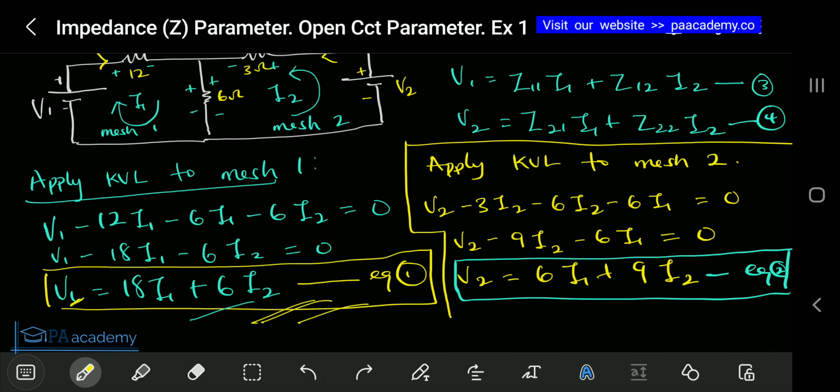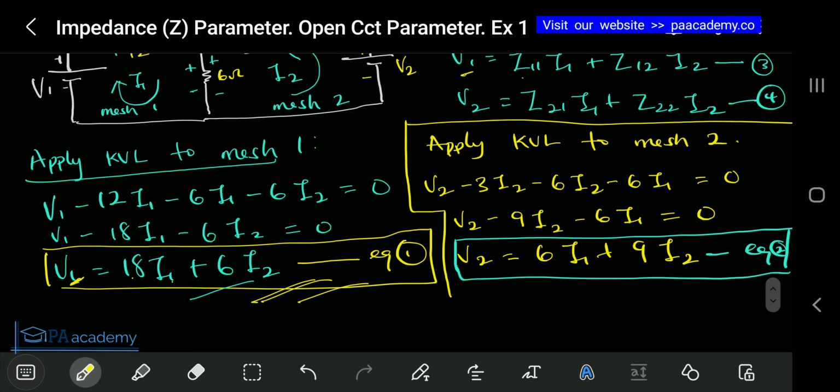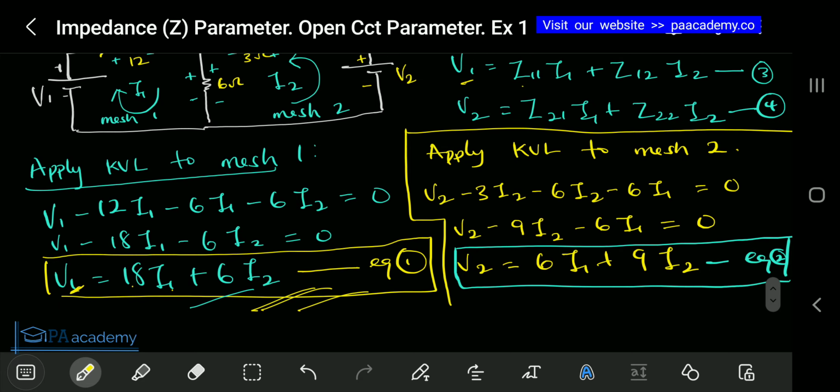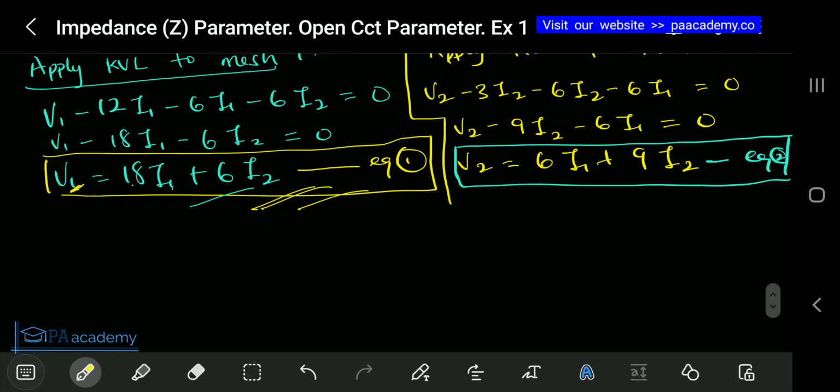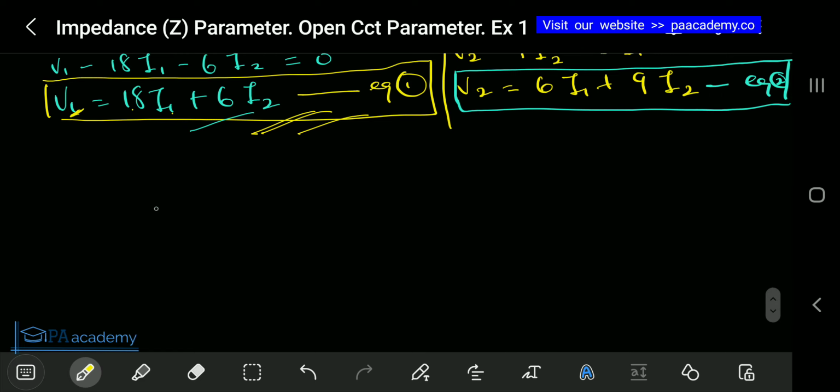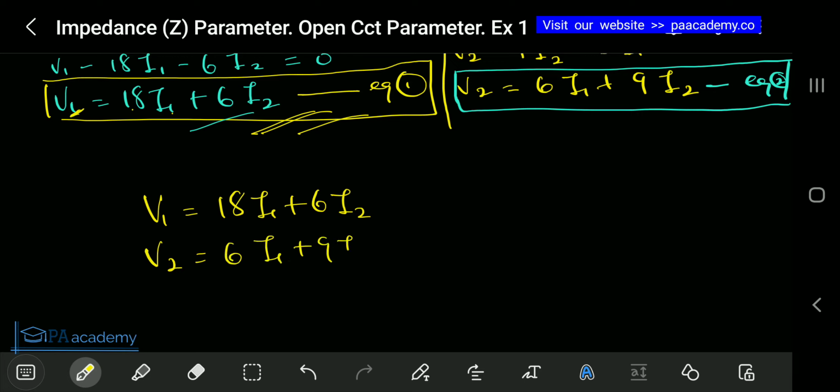So this is V1, V1 equals 18 I1, which corresponds to Z11 I1. So let me just write it now. Our V1 is equal to 18 I1 plus 6 I2, and then our V2 is 6 I1 plus 9 I2.